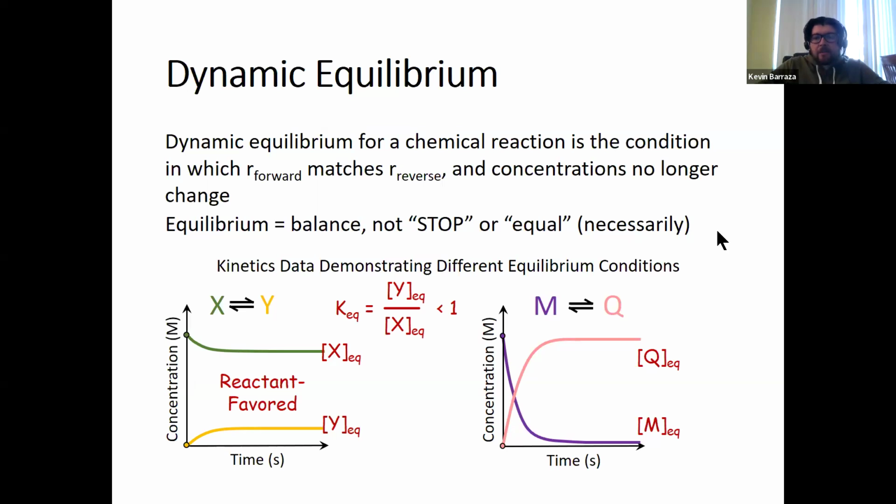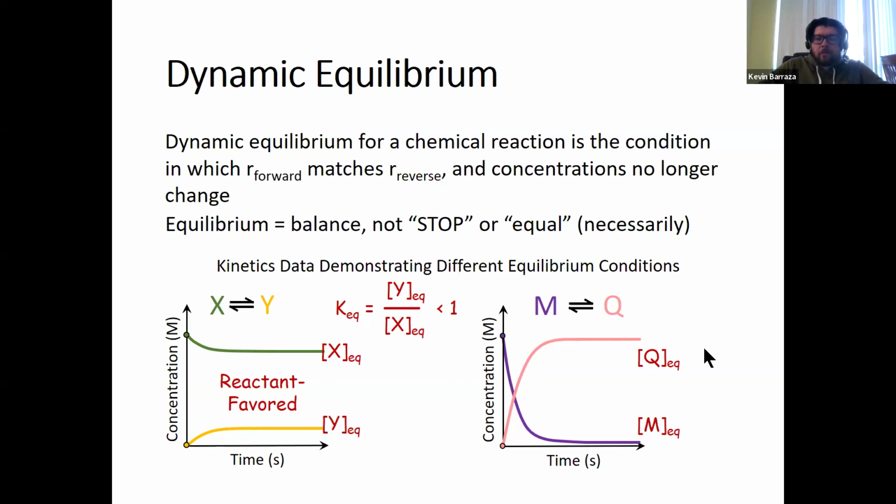If we have a reactant favored equilibrium, we have a lot of reactant left over at the end. This suggests that this ratio will have a bigger bottom number, a bigger denominator than the top number. Or thinking about it on the number line, it's going to mean that this ratio is going to be less than 1.